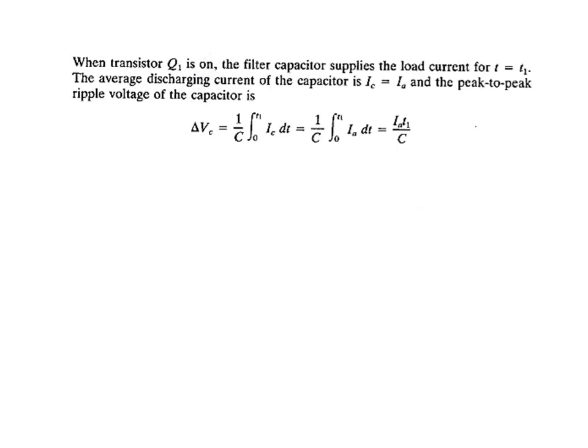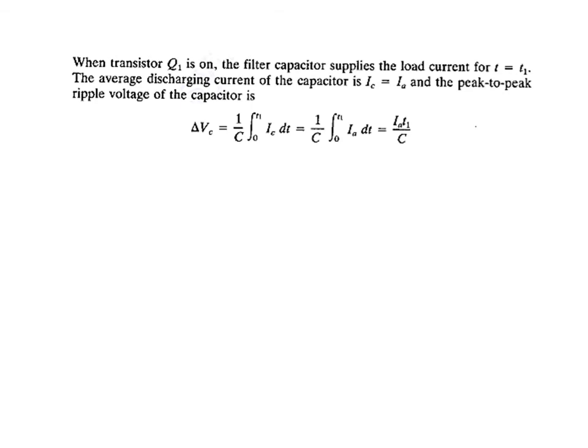Now when the transistor is turned on, the filter capacitor supplies the load current for time interval t = T1. The average discharging current of the capacitor is Ic = Ia. That means when the capacitor discharges, it passes through the load, which is considered to be the load current.